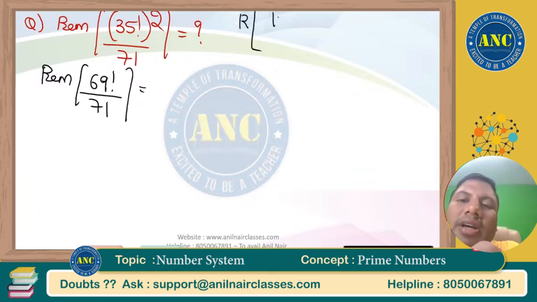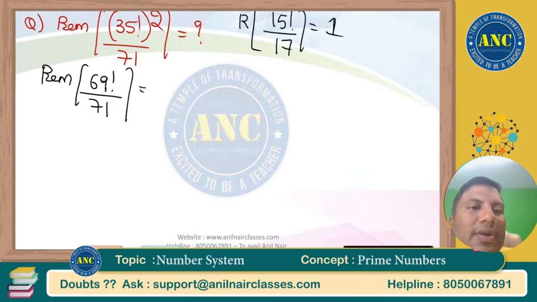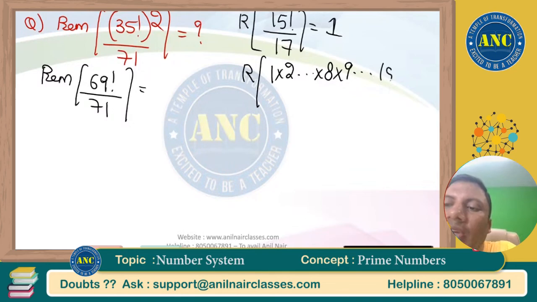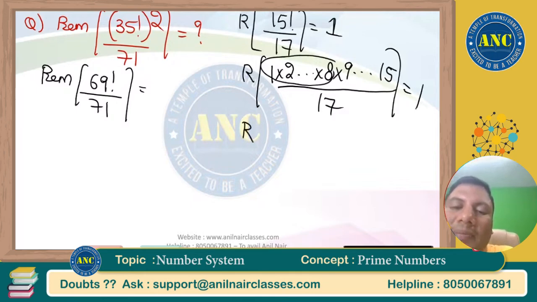In the previous question, 15 factorial by 17, we took it as 1, right? 15 factorial is 1 into 2 till 8, 9, up to p minus 2, and we took it as 1 only. I hope the idea is clear.